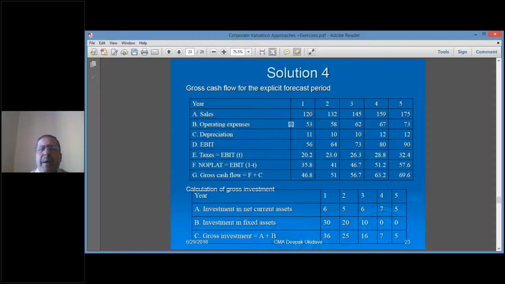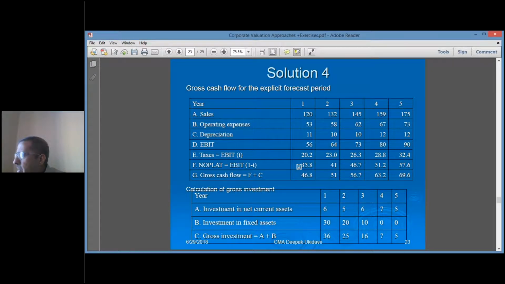Sales minus operating expenses minus depreciation, you get EBIT. So deduct from 120, minus 53, minus 11, you get 56. That is EBIT, right? EBIT into 1 minus T gives you NOPAT. NOPAT can also be called NOPLAT.